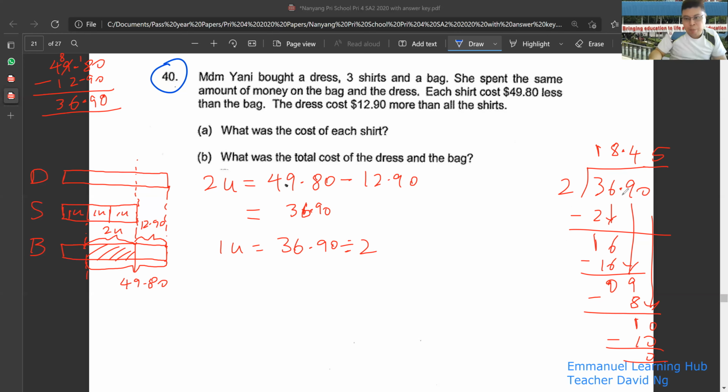Because 2 decimal places. The decimal place must align. Remember? I told you that before, right? You understand? Can remember? Yes.